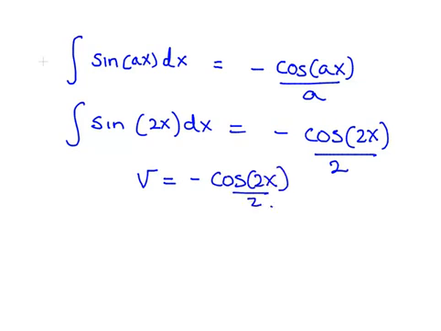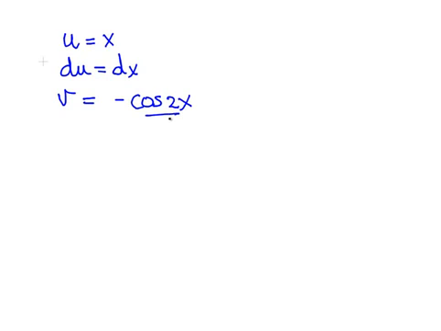So we have u, v, and du. Let's just recap. u was equal to x, du was equal to dx, and v was equal to minus cos 2x all over 2.